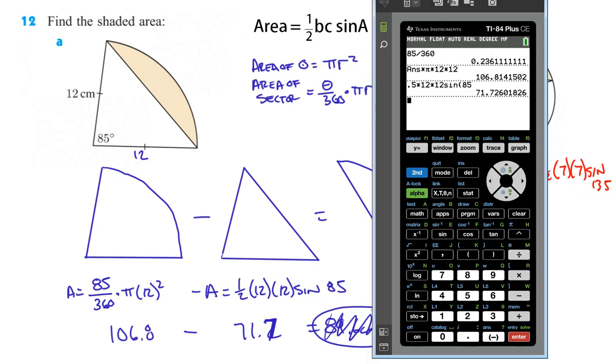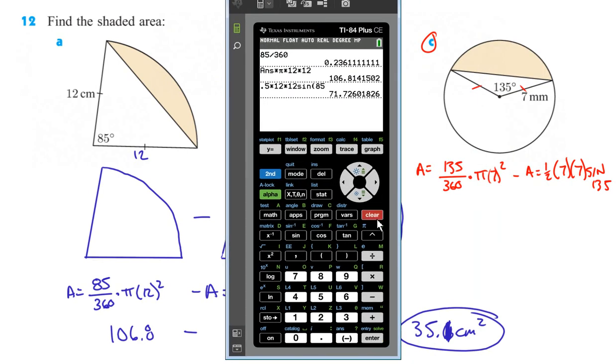So let's see if I can get this right on the first shot. Let's see, 135 divided by 360 tells us that it is 37.5% of a full circle times pi times 7 squared. This is 57.7.